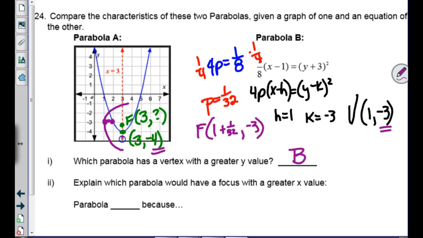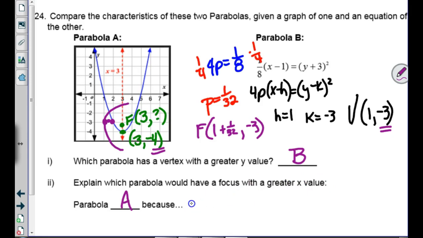So which one is clearly going to be further to the right? The focus point of A, the green one, right? Further to the right. Has a greater x value.